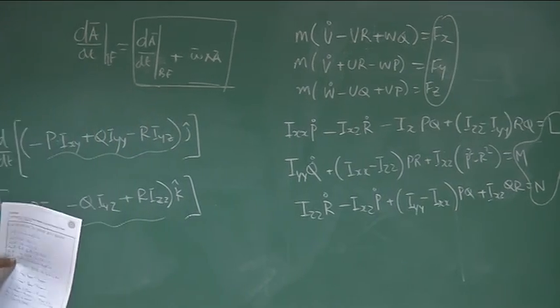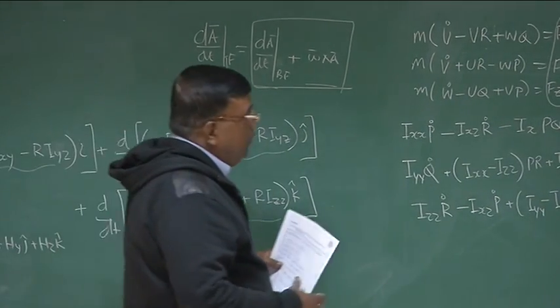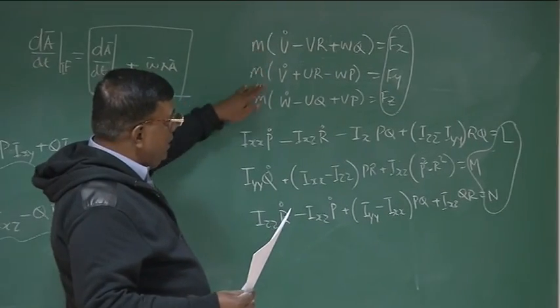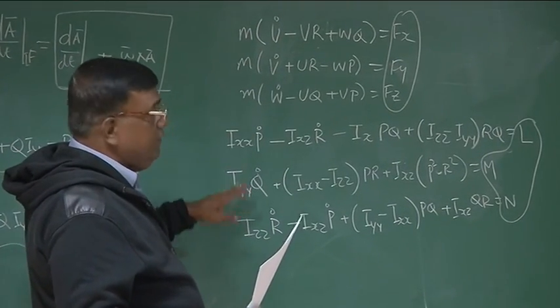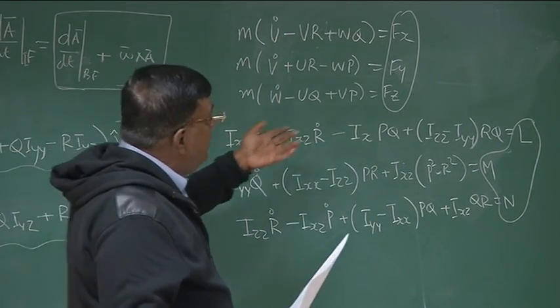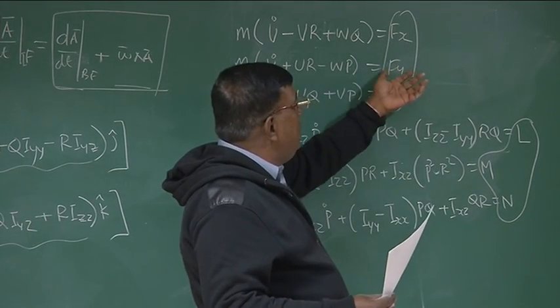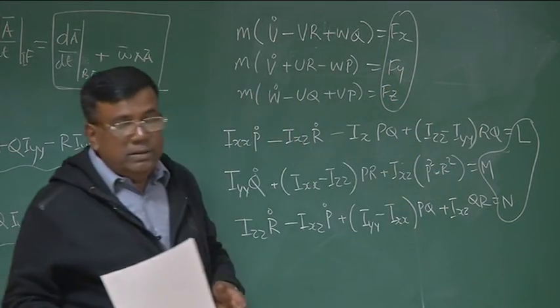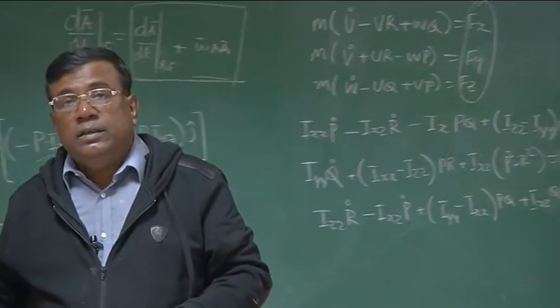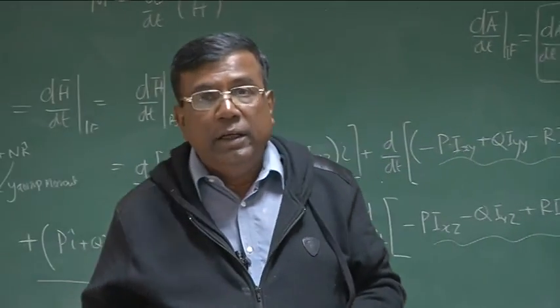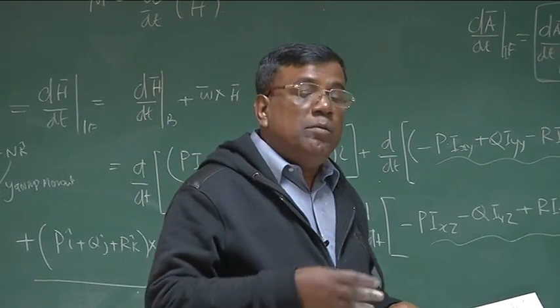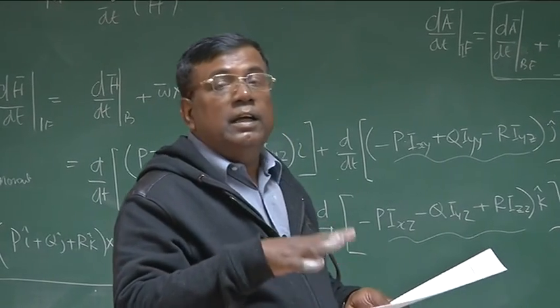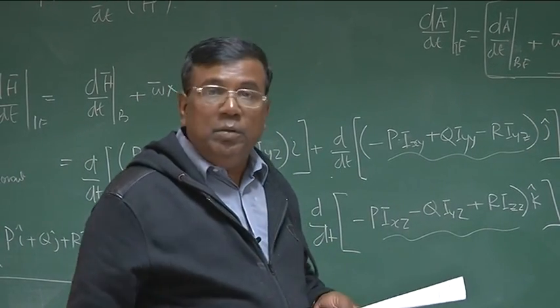But before we go to that, in the next class I will start again from here, explain each term and its physical meaning. Now you know that for computing Fx, Fy, Fz or moments, you need to know the angle of attack and the side slip angle. It is the angle between the velocity vector and the chord line or axis of the airplane.